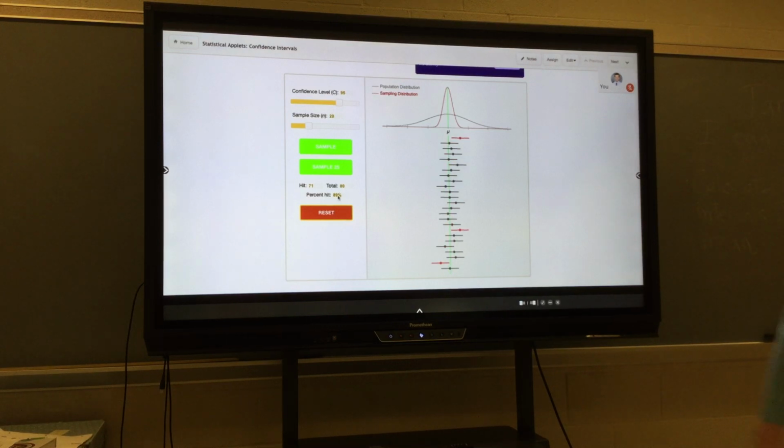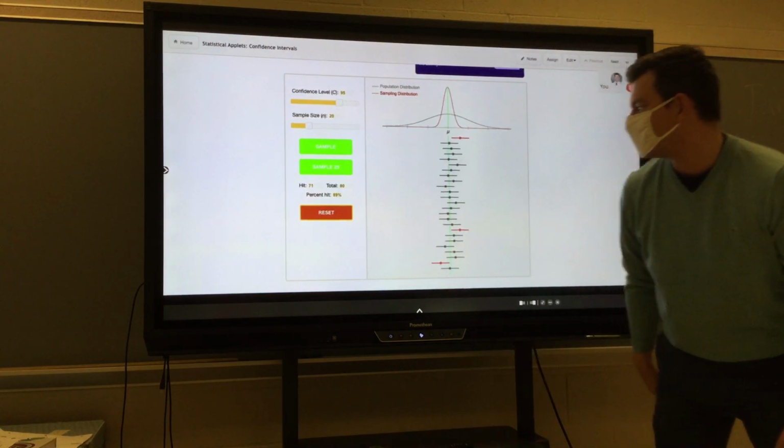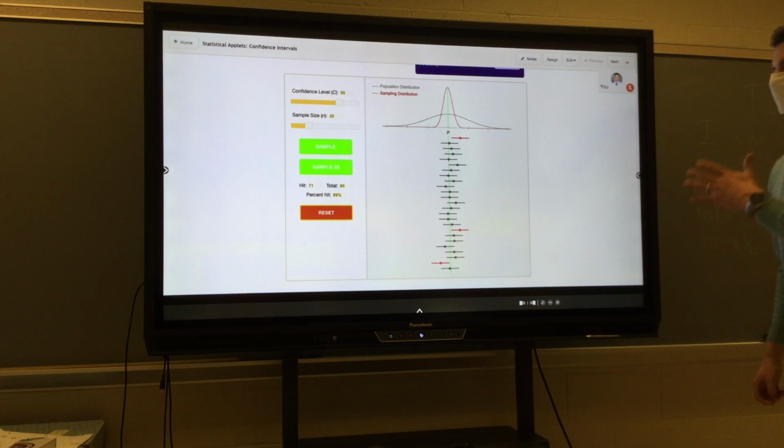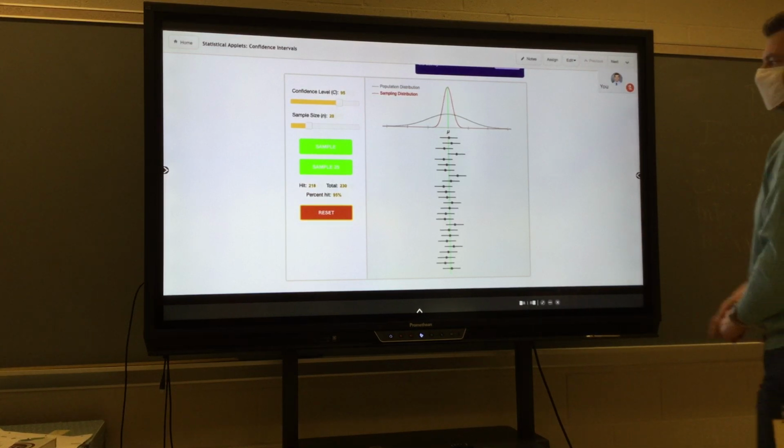You can see, I know it's small, but our percent hit: 89% of our samples have been good. But if we keep taking more and more, we expect this number to get to 95%. 92, 94, yeah, we're pretty good. Now, 218 of our 230 samples have hit the confidence interval.